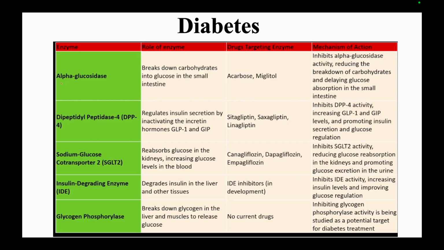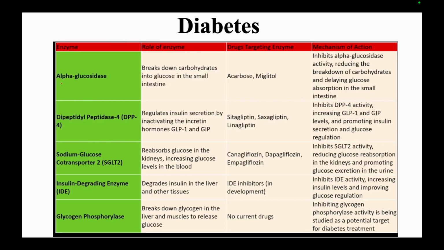Then we move on to diabetes. As we mentioned earlier, there are different enzymes involved in diabetes. The first enzyme is alpha glucosidase. Alpha glucosidase breaks down carbohydrates into glucose in the small intestine.